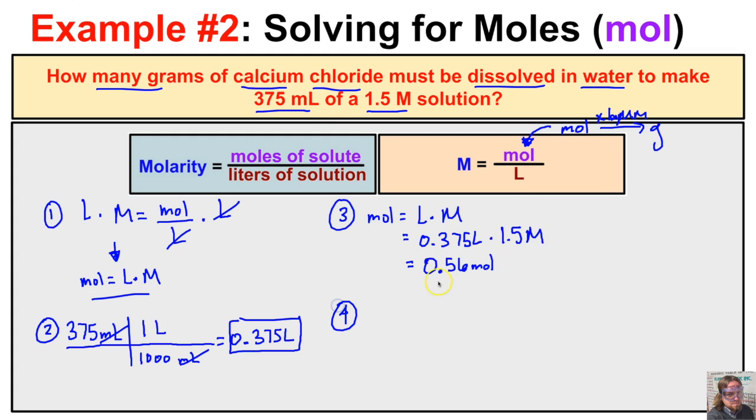So how do we convert this to grams? To convert moles to grams, we must multiply by the molar mass. So we have to figure out the molar mass of calcium chloride. And before we can figure out the molar mass of calcium chloride, we must first figure out the chemical formula for calcium chloride.